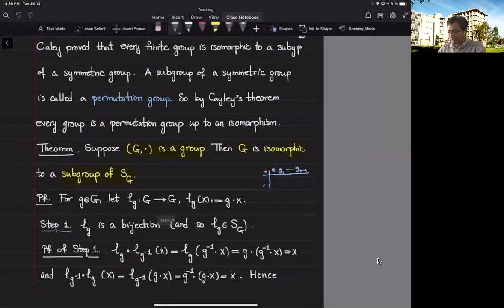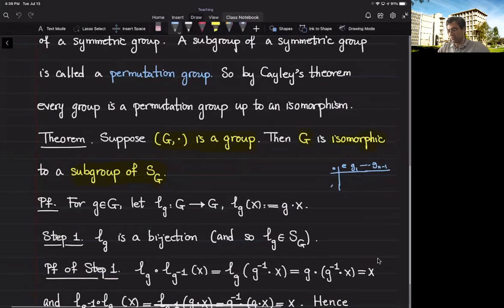Let's make sure that everyone is on the same page. Okay, that's good. We said that because of the cancellation law in a row, we cannot have repeated elements. If g times two of these things are equal, then I can cancel out g. Then those two things should be equal. So because of the cancellation, in every row, there is no repetition.